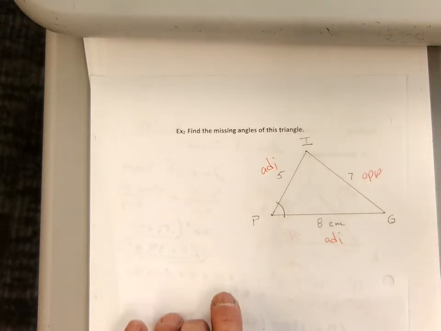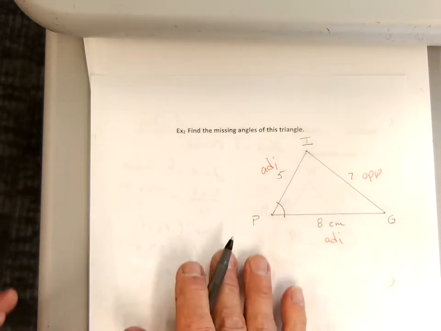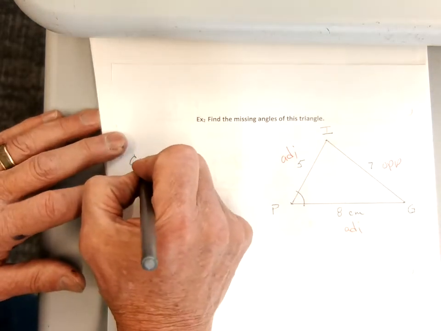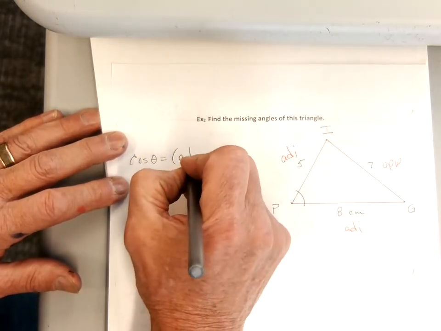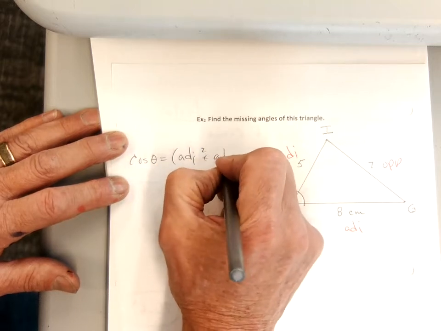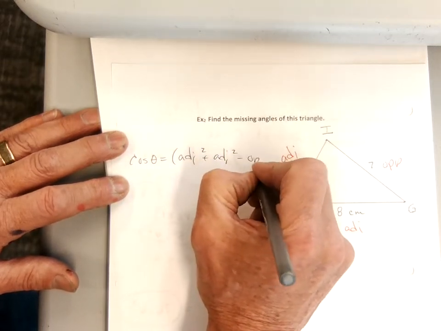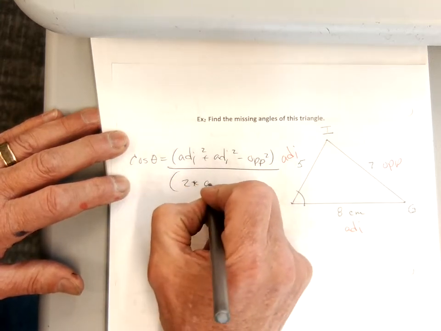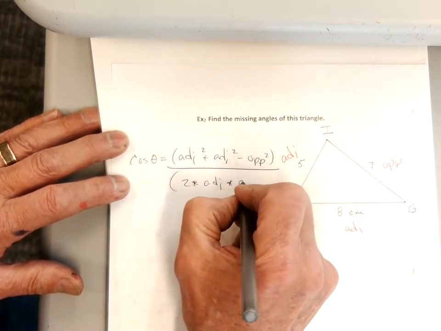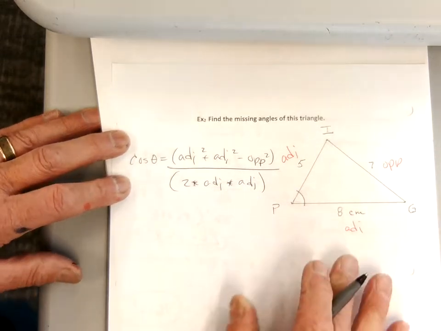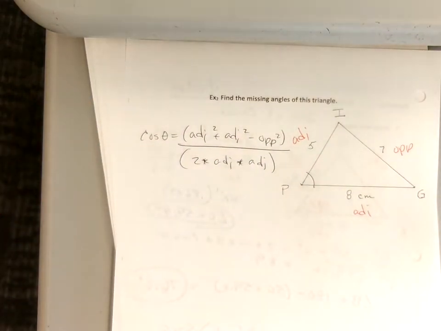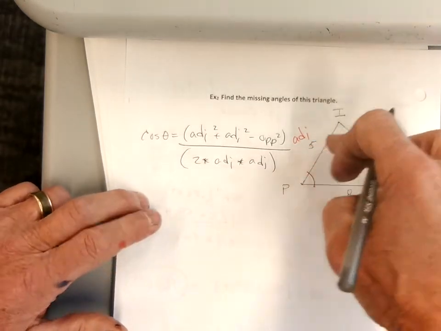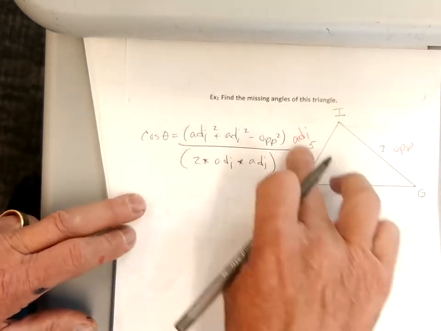Okay, so then what we're going to do is this. Using our formula, which is, and I'll rewrite it again, cosine theta equals parentheses adjacent squared plus adjacent squared minus opposite squared, over 2 times adjacent times adjacent. You guys already have this in your notes, but I'm going to write it down again. So that's our formula. So I'm going to put 5, 8, and 7 into my formula.